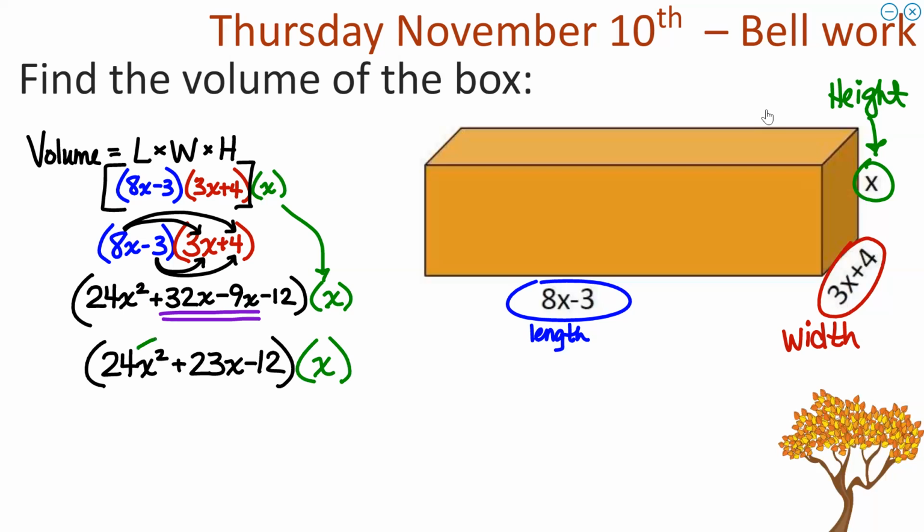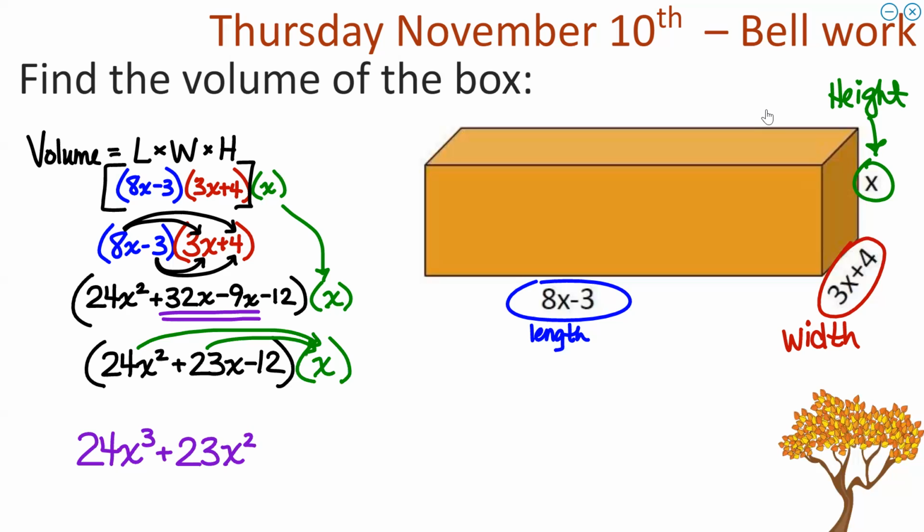Distribute again. So I'm going to distribute this piece. That would give me 24x to what power? Cubed, yes, 24x cubed. I need to distribute this one also. So I'm going to have plus 23x squared.